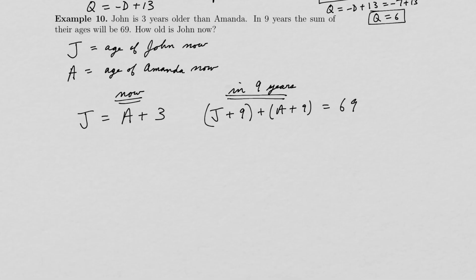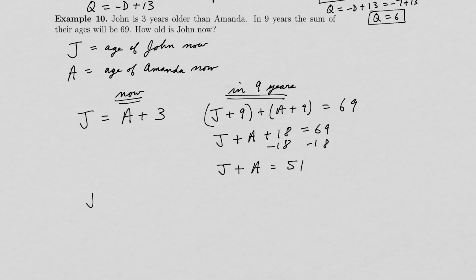Okay, and you can simplify this equation, right? I can simplify this to J plus A plus 18, I'll combine like terms, equals 69. And if I subtract 18 from both sides, I'm going to have J plus A is equal to 51, I guess. Okay, so now I have my two equations out.